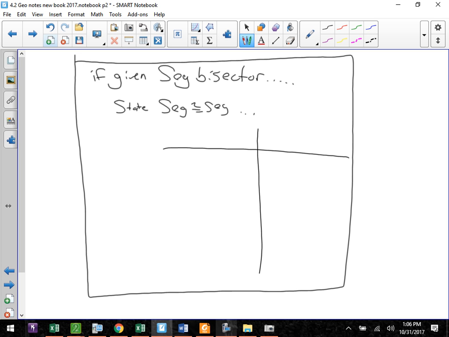So if AB bisects CD, what are the two segments that are created?